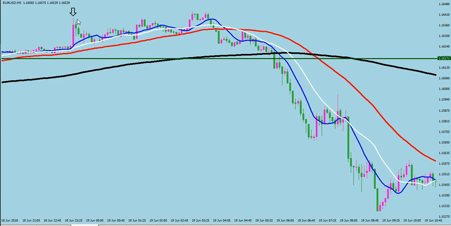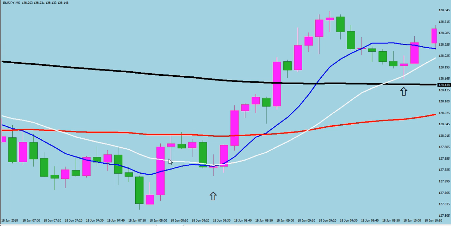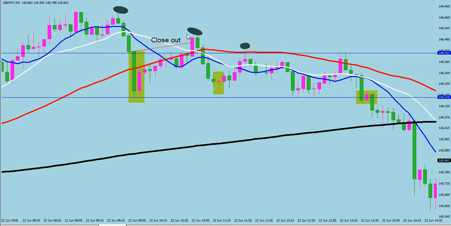Again, you can place your stop above or below the previous candle, you can move your stop loss above or below the previous candle, or you can move it below the swing high or above the swing low. And don't forget, you want to take the trades where you have a reversal candle at or near that moving average.